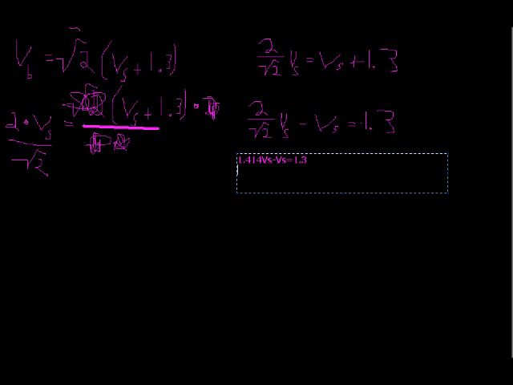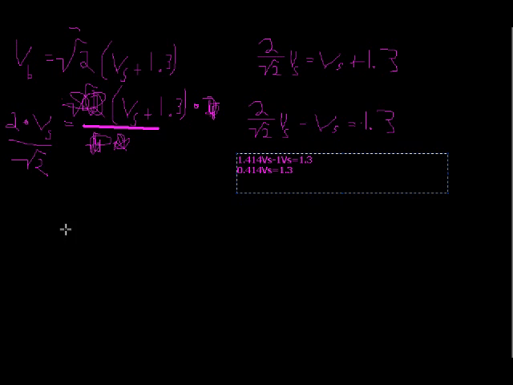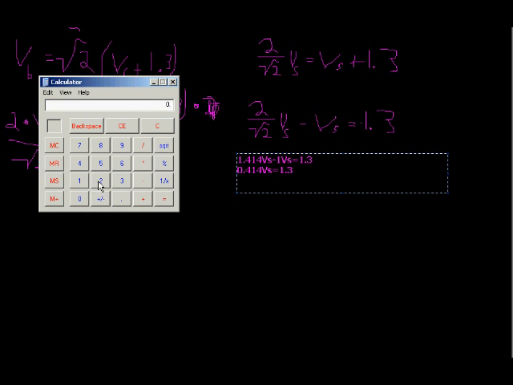And, well, this is 1 times the student's velocity, right? This is 1. So now we have 0.414 times the student's velocity, that's pretty simple math, equals 1.3. Divide everything by 0.414. Where's my handy-dandy calculator? There we go. So we're going to take the 1.3 and divide it by 0.414.